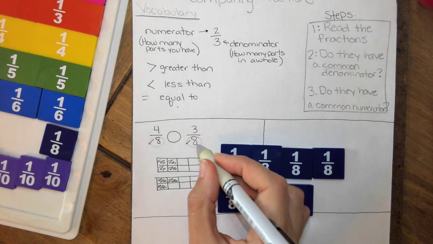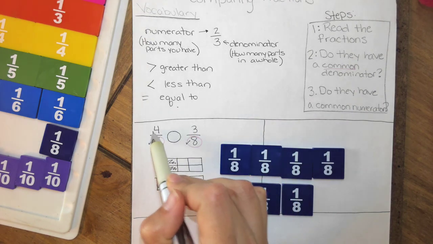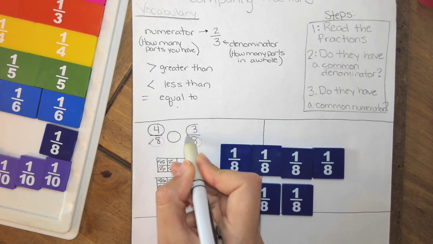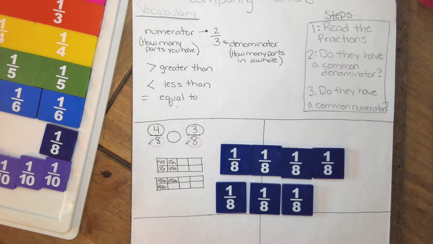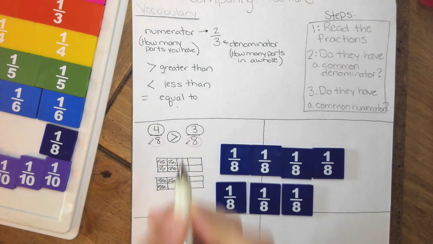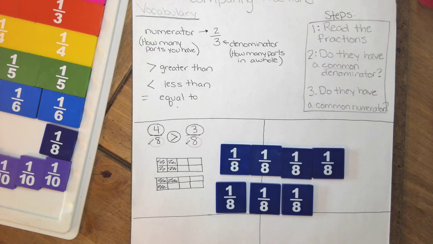So now what we need to do is look at the numerator to see how many parts that we have. And we need to see which one do we have more parts. So in 4/8 we have 1, 2, 3, 4 shaded in, and 3/8 we only have 3 shaded in. So that means 4/8 is greater than 3/8.